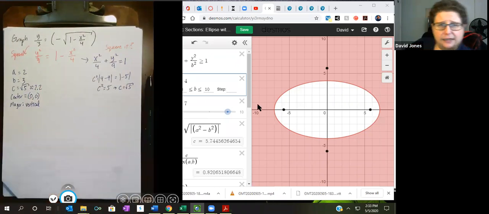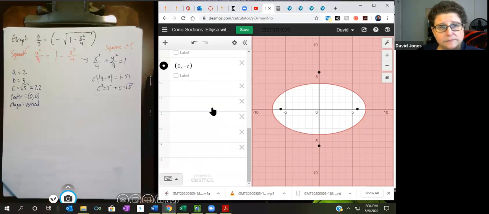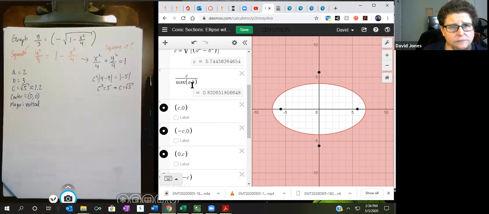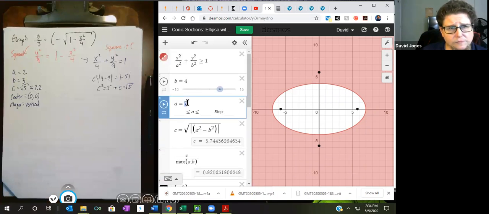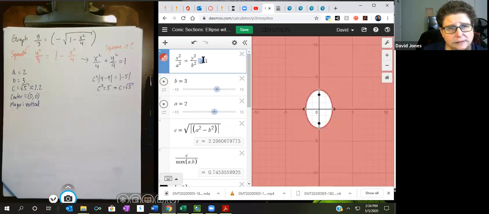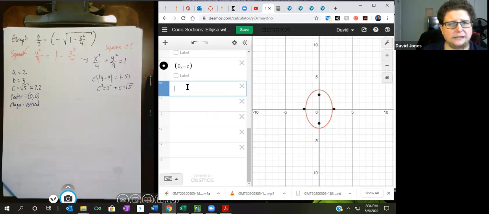While you're graphing it, I'm going to type it into Desmos. And then I'm going to graph the original equation.